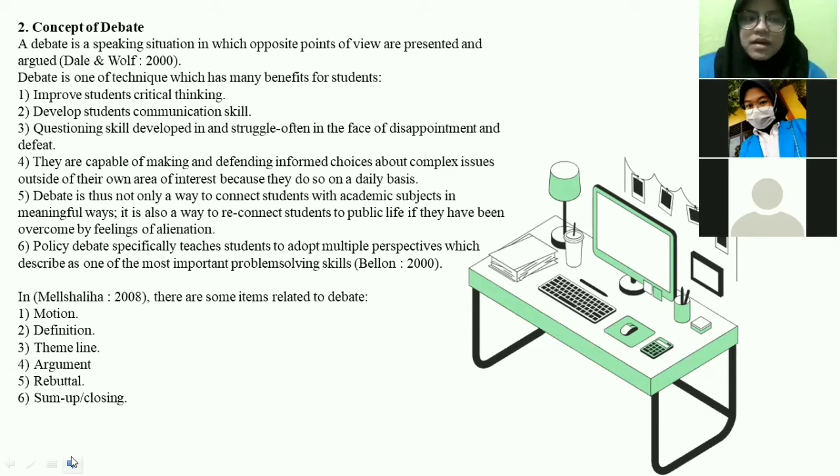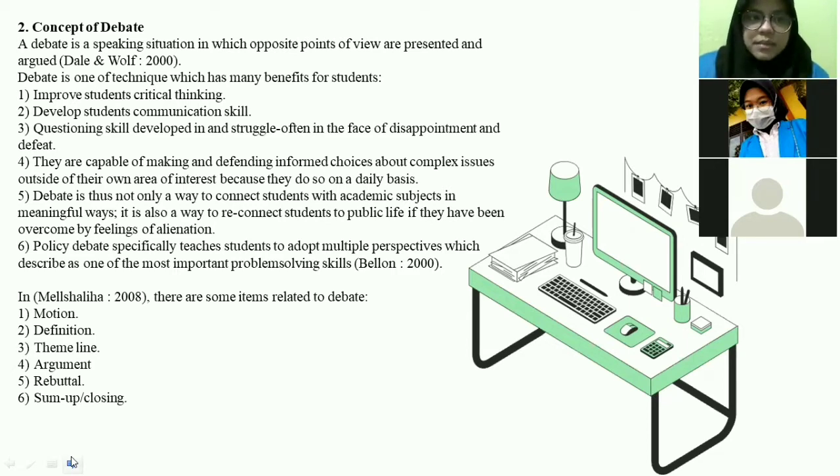And fifth, debate is thus not only a way to connect students with academic subjects in meaningful ways, it is also a way to reconnect students to public life if they have been overcome by feelings of alienation.